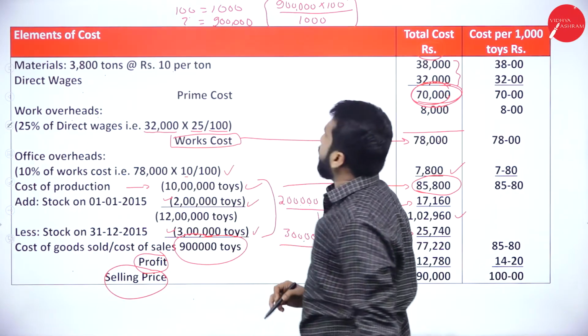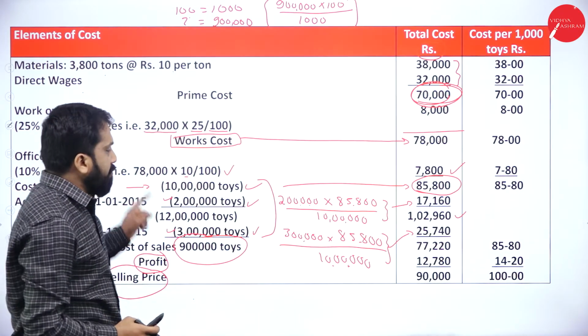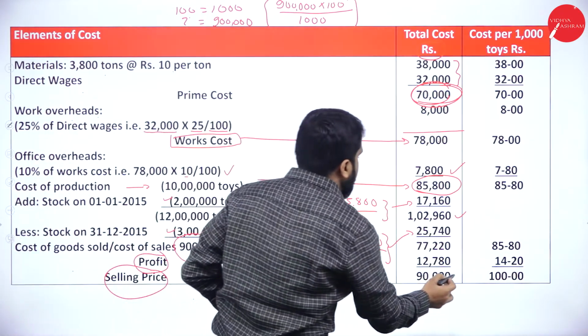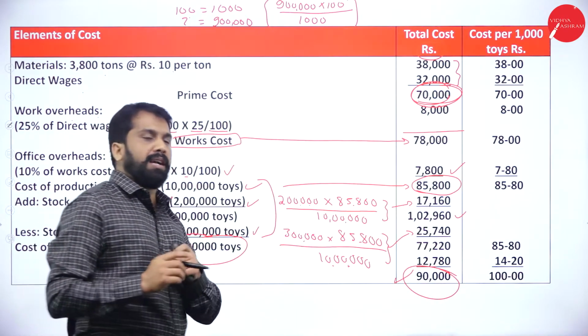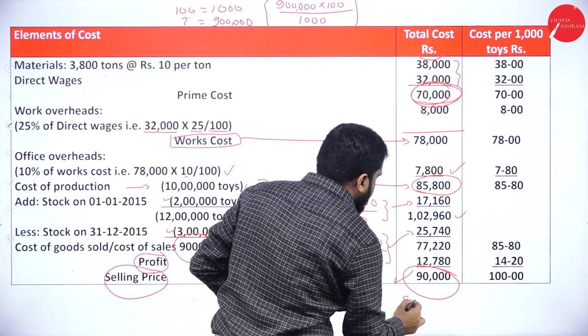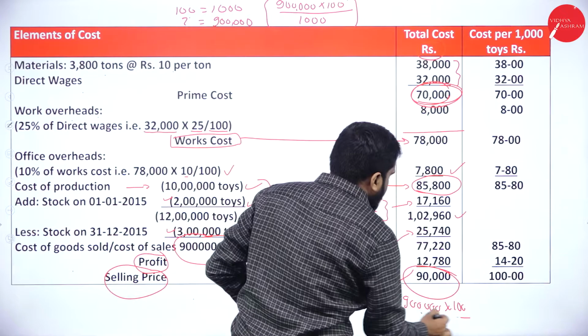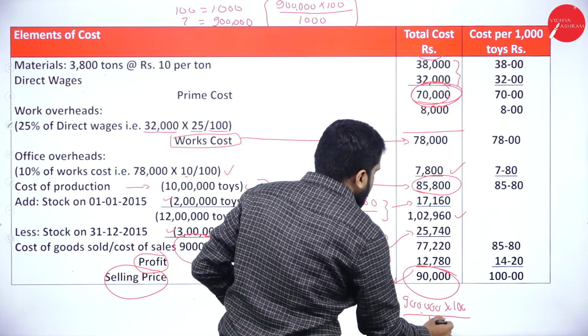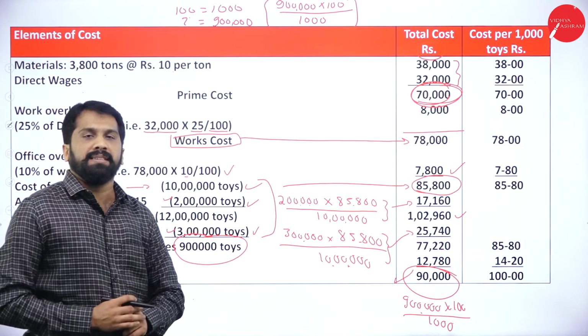Now, if you do that calculation, you will get 90,000. Clear? Again I'll repeat. 9 lakh multiplied with 100 divided by 1,000. If you do this calculation, you will get 90,000.